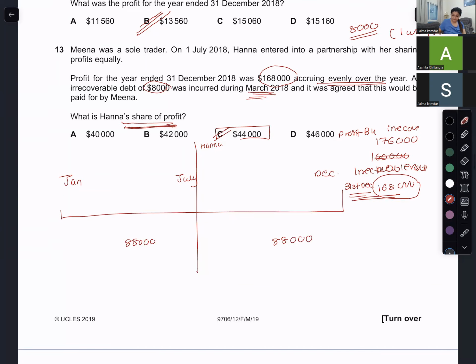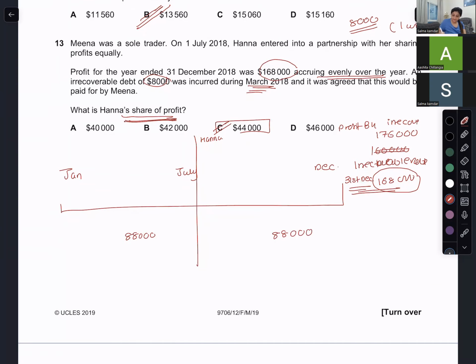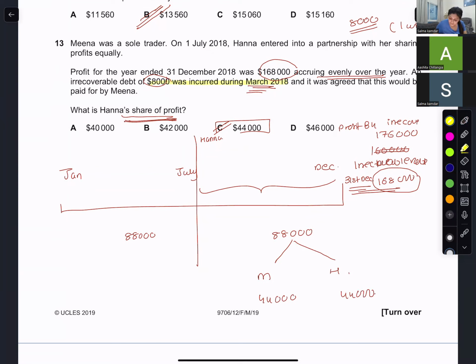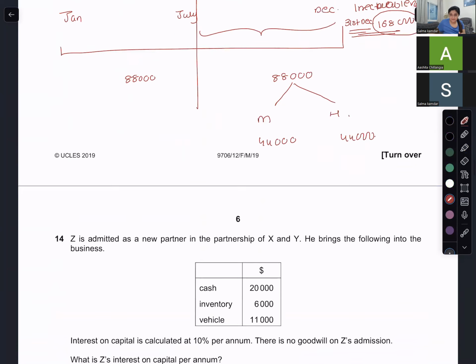But Hana is only there for 6 months, so this will be divided between Meena and Hana equally. 44, 44. So the option is C. The 8,000 which is going to be paid by Meena, you have to add back. So your option is C.